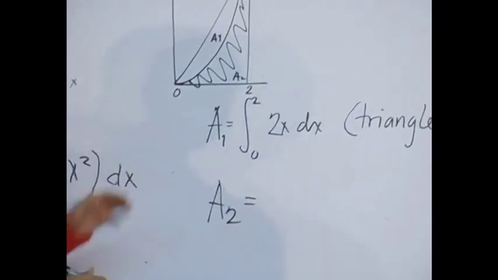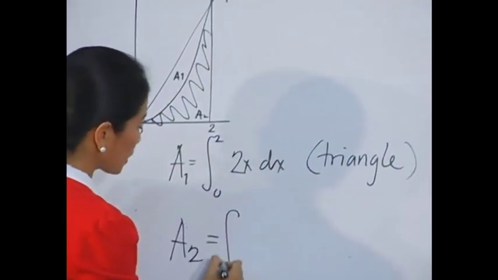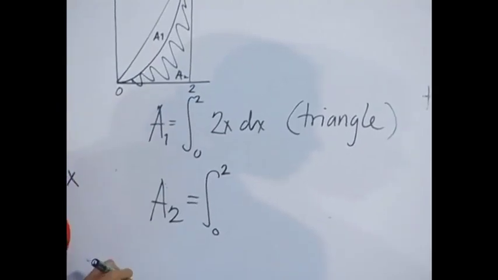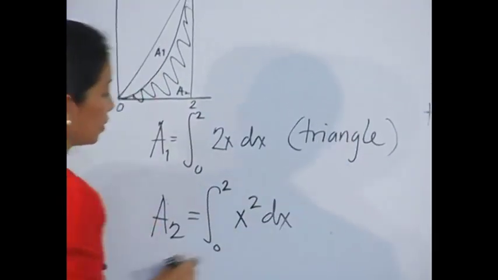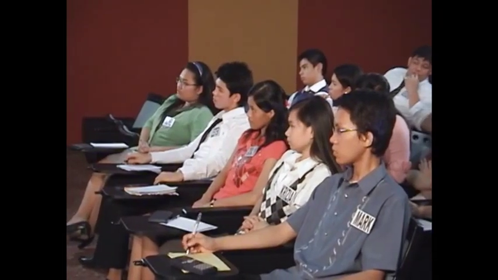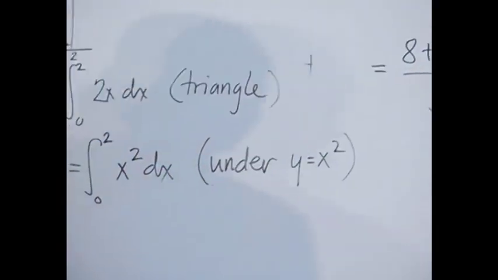Second one, the area under a curve: under the curve y equals x squared has the same lower and upper bounds. This now is the integral of x squared dx. This is under the triangle, and this is under y equals x squared.